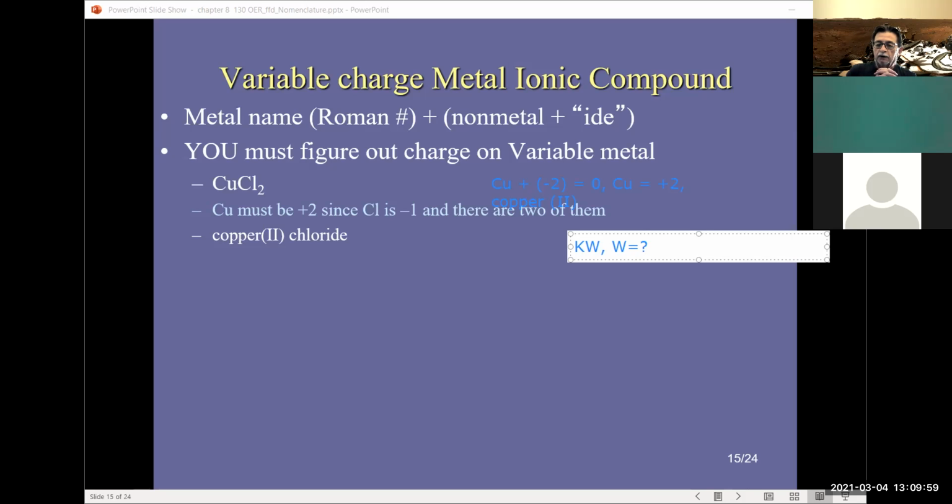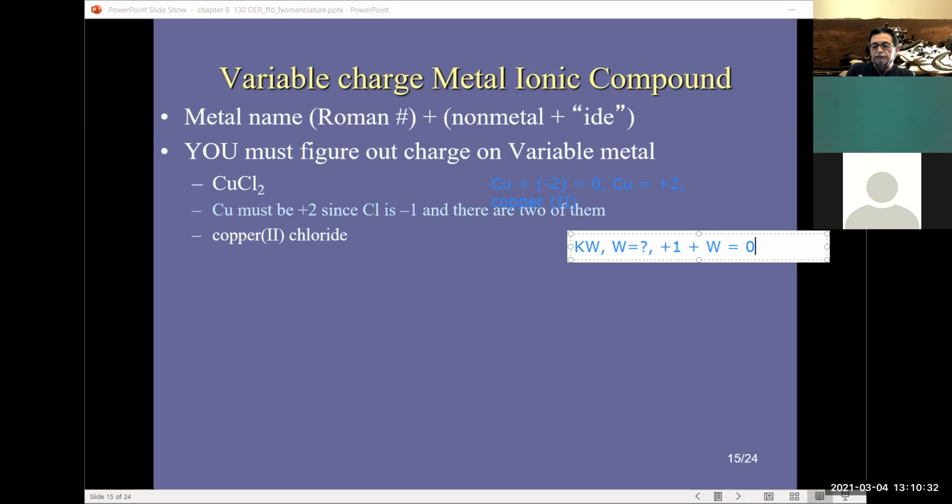Well, we know that K and W add up to 0. There's no charge on it. Potassium is a group 1 ion, so potassium is a +1. It's +1 plus W equals 0. Solving for W, that means that W is a -1 oxidation state.